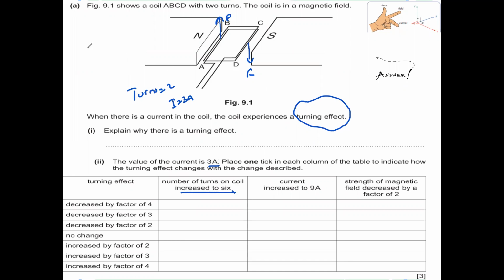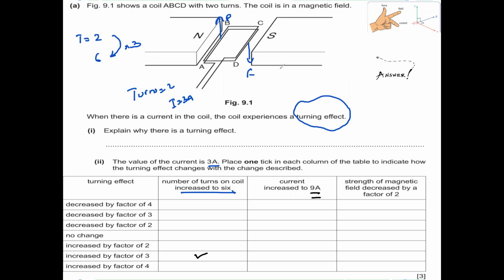So the number of turns of the coil, originally in the beginning, was 2. Then it becomes, or changed to, 6. So it is increased by what factor? It is increased by 3. So if it is increased by 3, what will happen to the turning effect? The turning effect should also increase by 3.